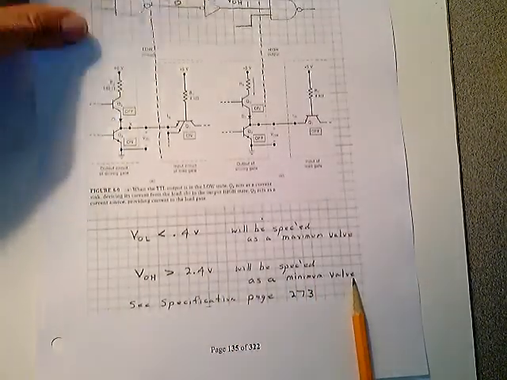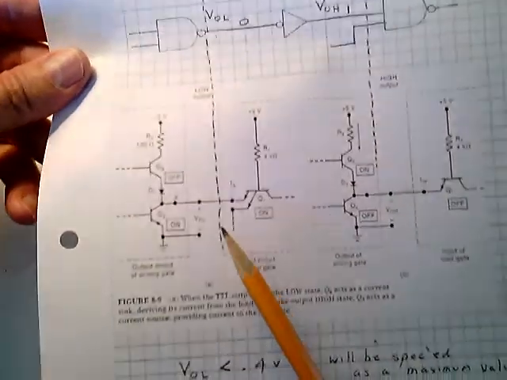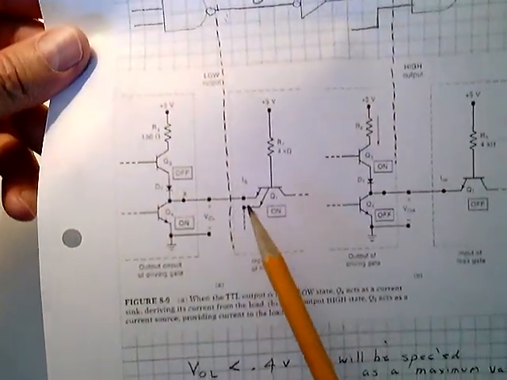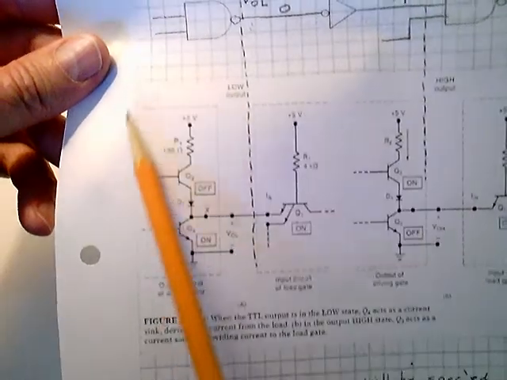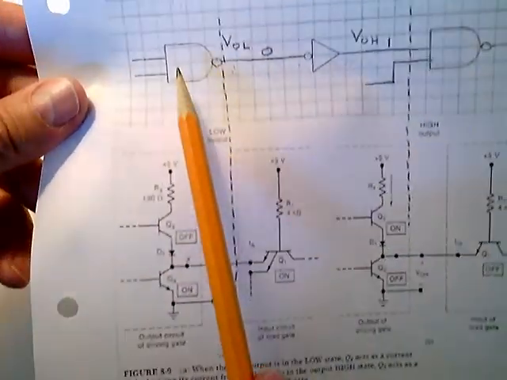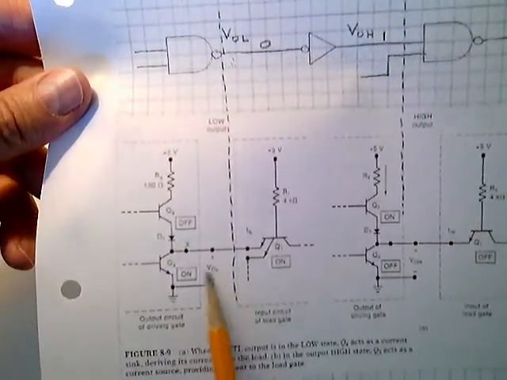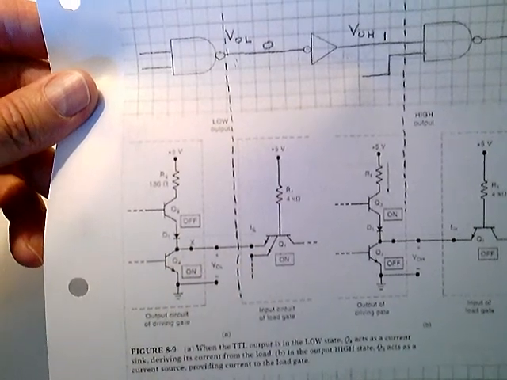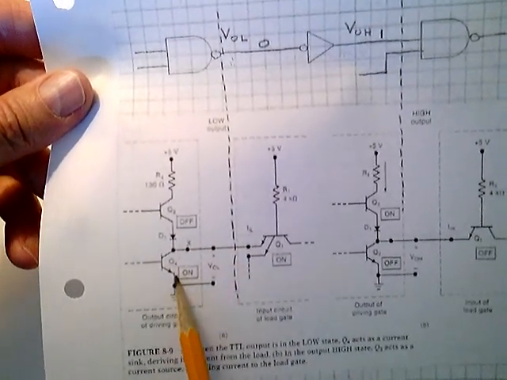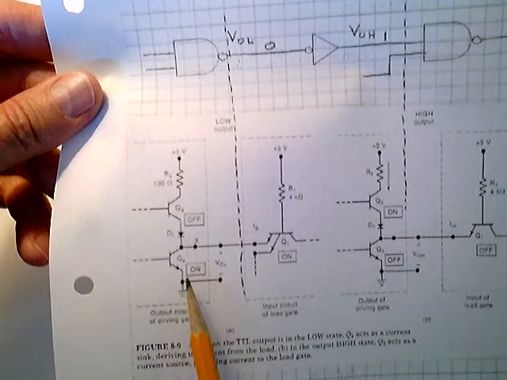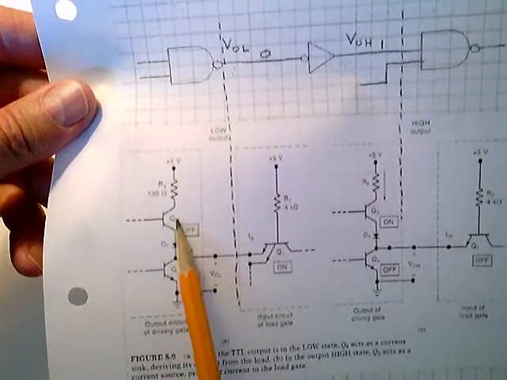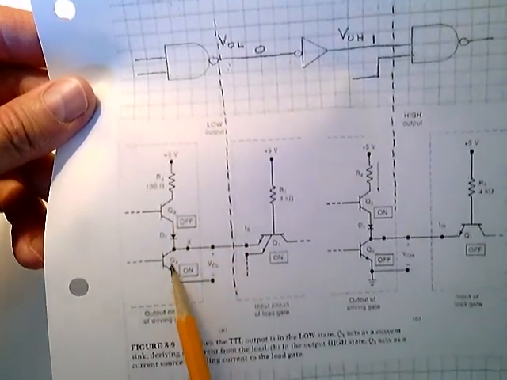If you take a look at this part of the figure, this is the totem pole output of a gate, let's say this NAND gate, and it's going to be driven in the low state. In the low state, this transistor is full on, it's saturated, and this transistor is in cutoff. That's how it goes low.